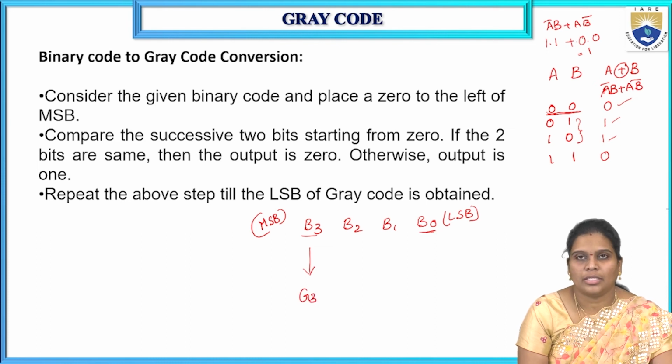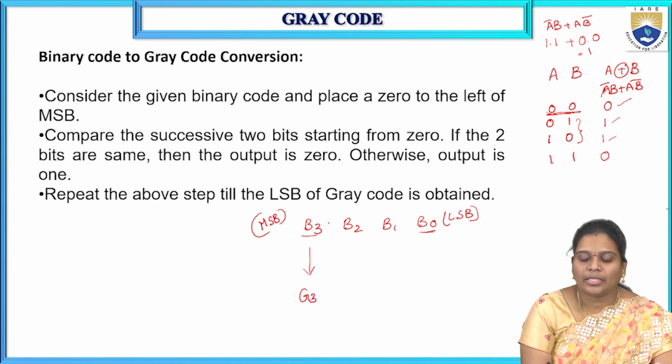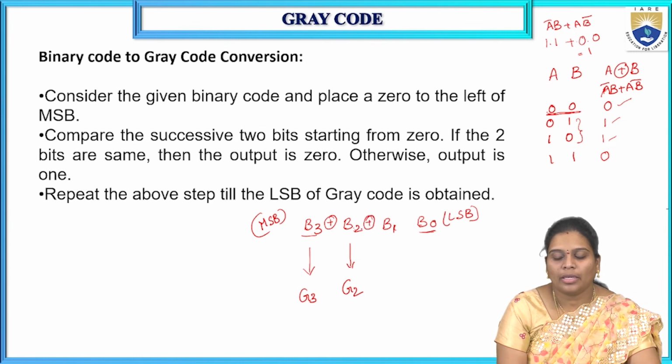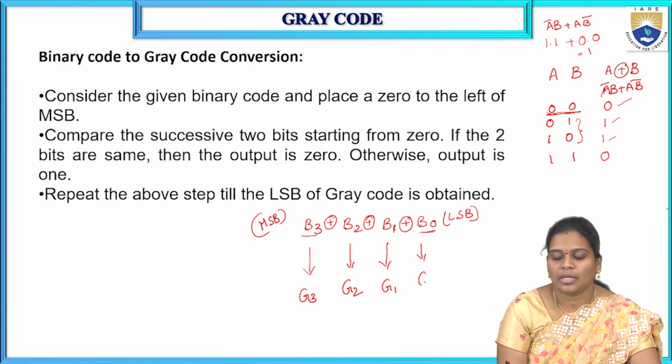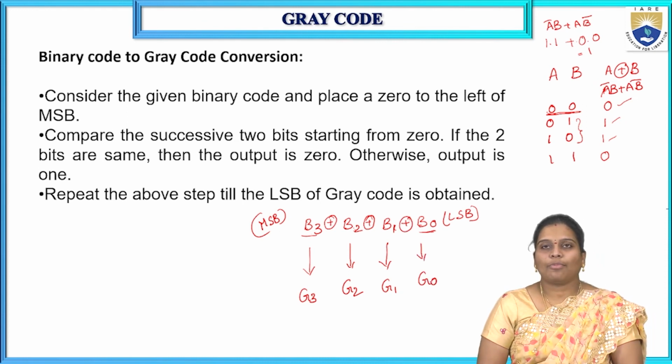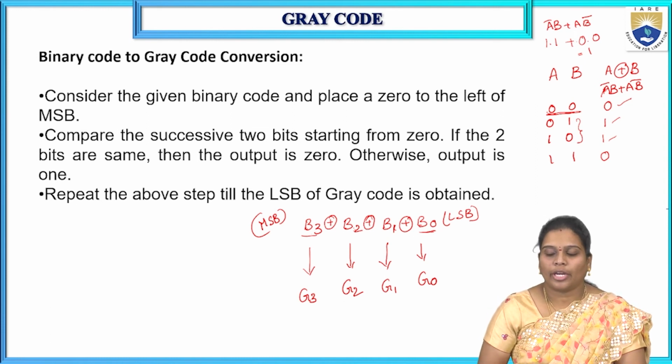That is G3. Next, apply the XOR gate to the adjacent bits, B3 and B2, and we get G2. Next, B2 XOR B1 gives G1. Next, B1 XOR B0 gives G0. This is the procedure for binary to gray code conversion.